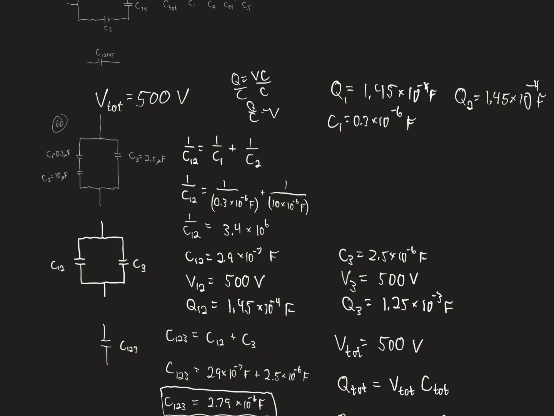So we have 1.45 times 10 to the negative 4 divided by 0.3 times 10 to the negative 6. And I got 483 volts for V1.